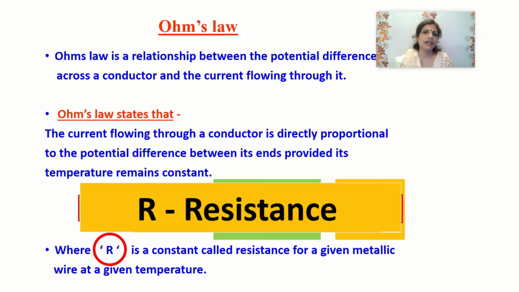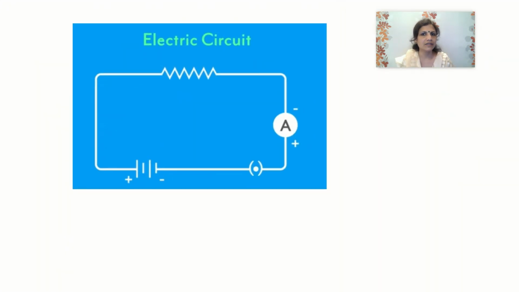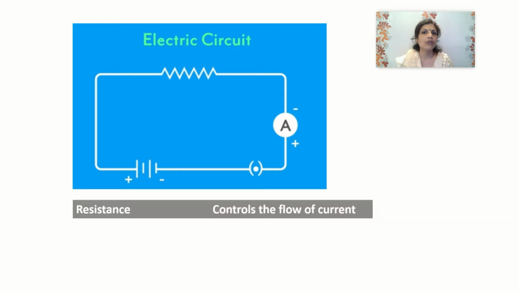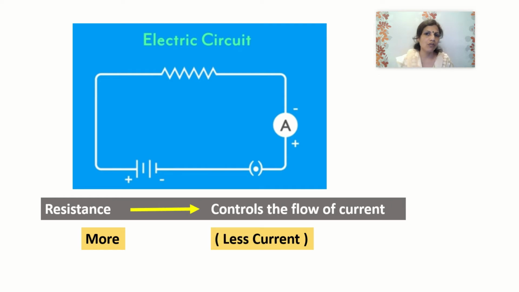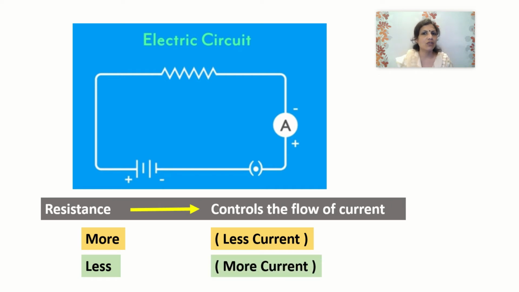In a normal electrical circuit, we connect a resistance, and it controls the flow of electric current in the circuit. If the resistance is more, then the current flowing through the circuit is less. If the value of resistance is less, then the current flowing through the circuit is more. So we can say that the current flowing through the circuit is inversely proportional to the resistance of the circuit.